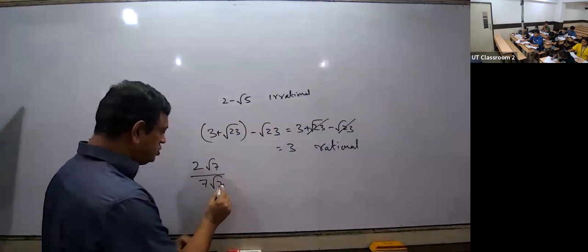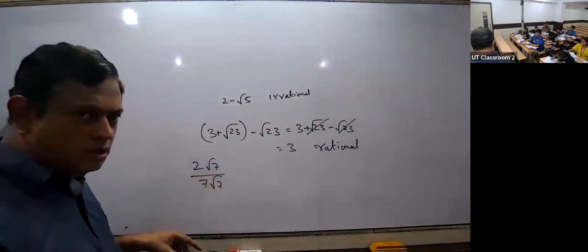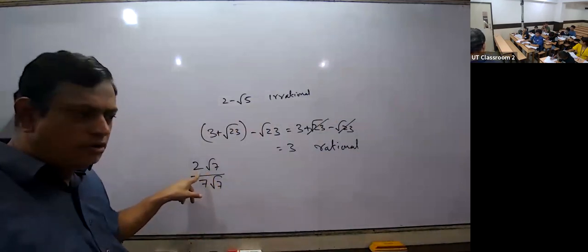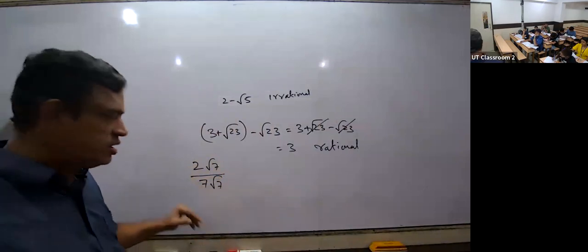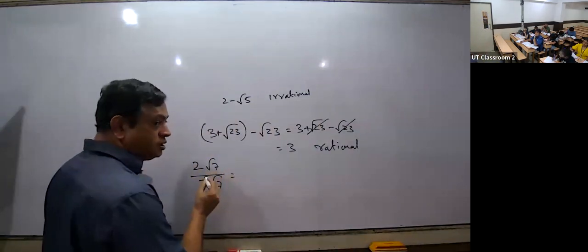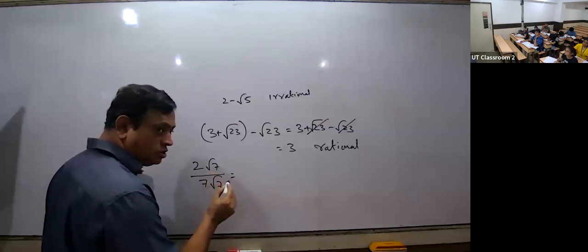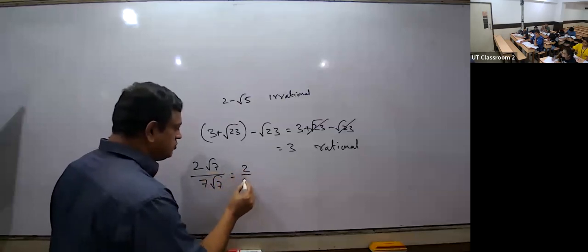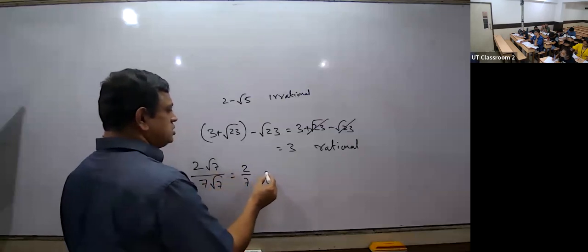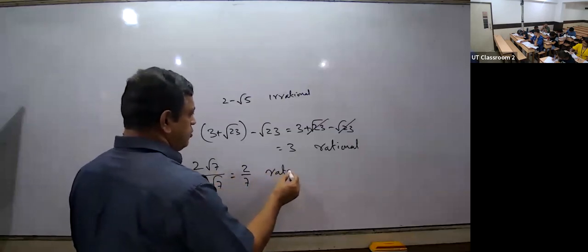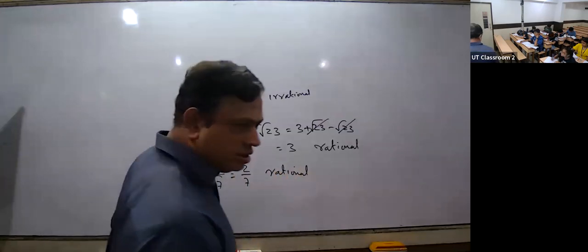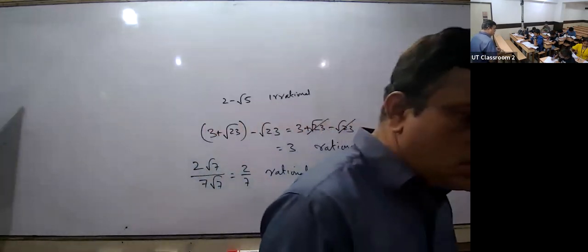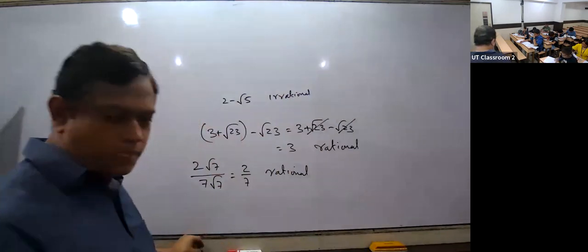How will you read? 2 root 7 upon 7 root 7. You can cancel something. 7 is cancelled, root 7 cancels. What is left? 2 by 7. The answer is rational. You have to show how you got it. Don't simply write rational. Yes or no? Shriya, read the next part.